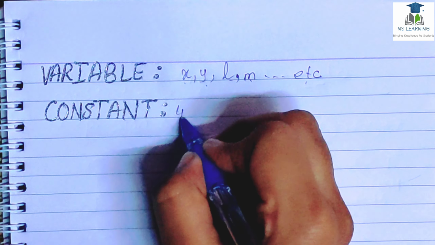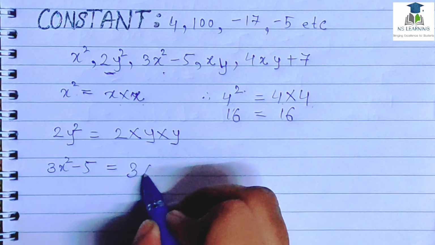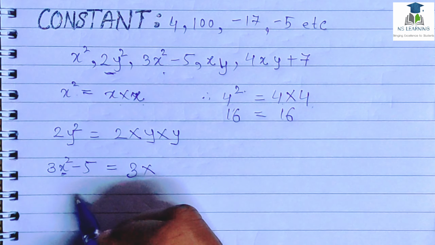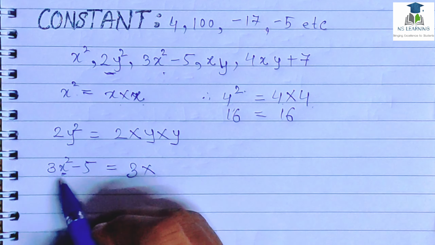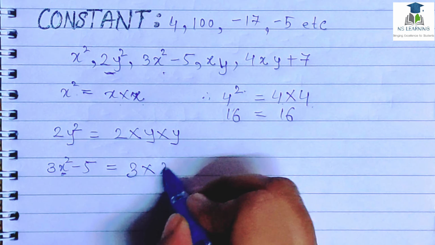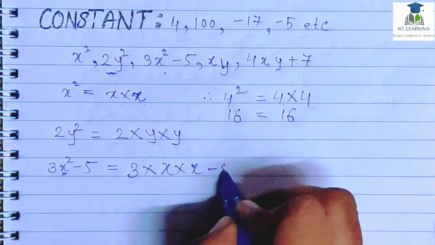Next expression, that is 2y square. It means 2 into y into y. And the third one, 3x square minus 5, means 3 into, now again we are going to factorize the x square. It means variable x with power 2, x into x, minus 5.